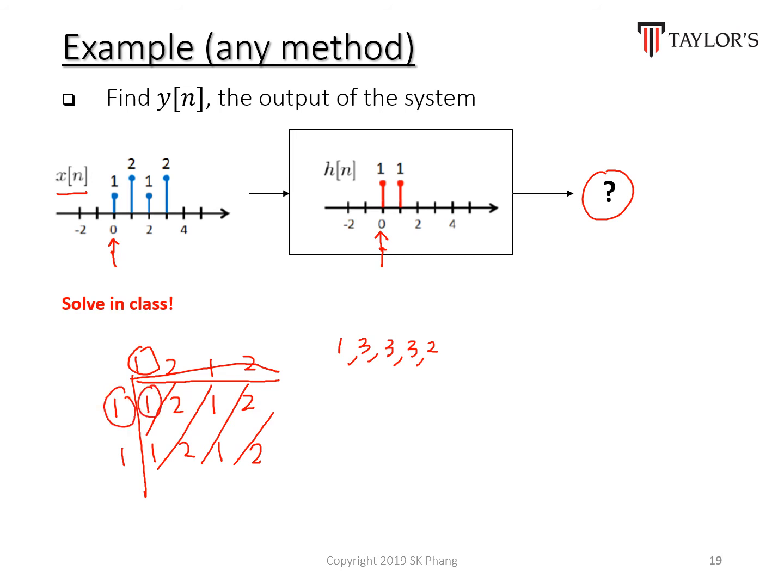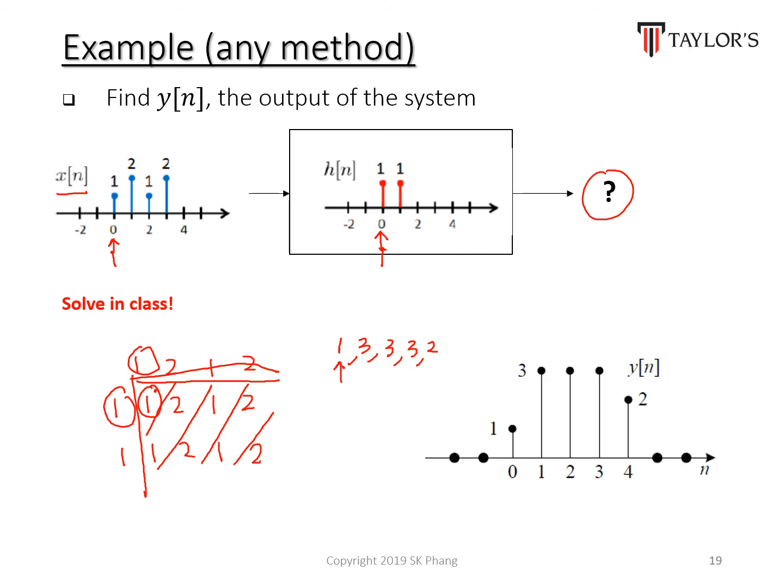So this will be the origin for your new signal. So finally, the answer in terms of a graph will look like this graph over here. At time n equals 0 it is 1, then followed by 3, 3, 3, and then followed by a 2. And then all the rest of the values are 0.